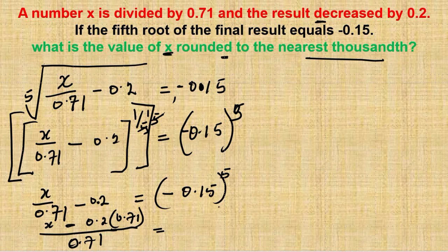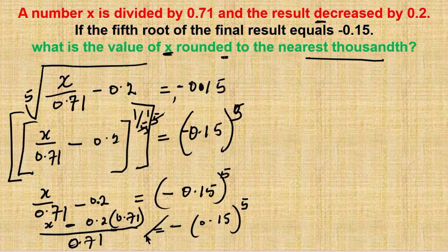This is equal to minus 0.15 raised to the power of 5. Anytime you have a negative number raised to an odd power, the minus remains. But if it's raised to an even power, the minus becomes a plus. Since I have a negative here raised to an odd number, 5, this becomes minus 0.15 all raised to the power of 5.